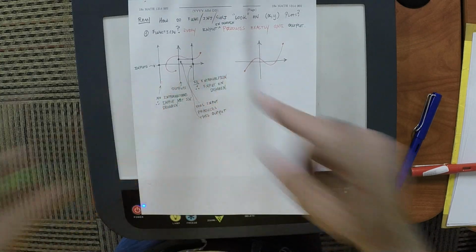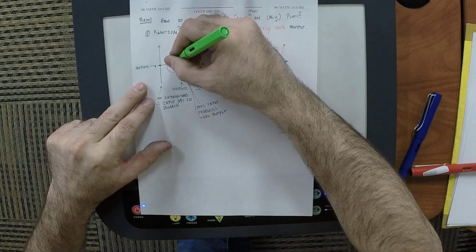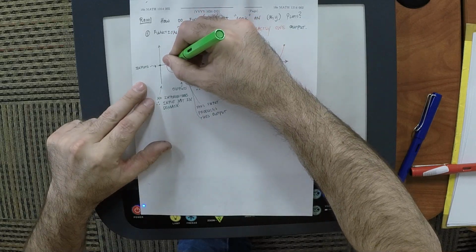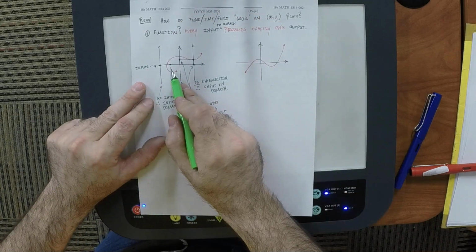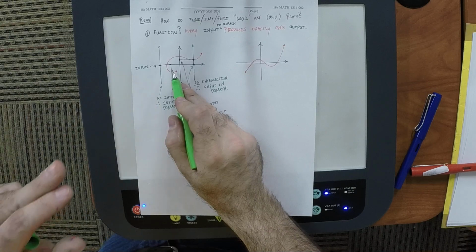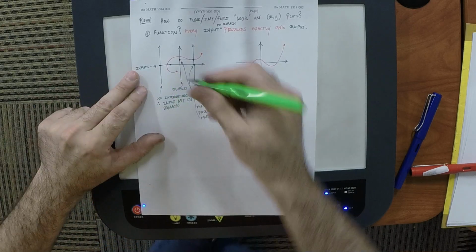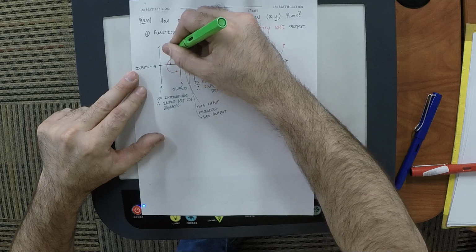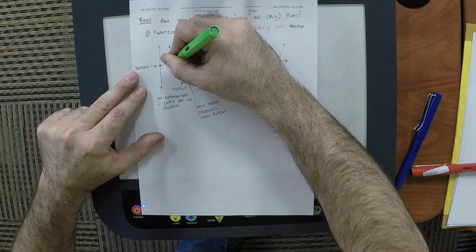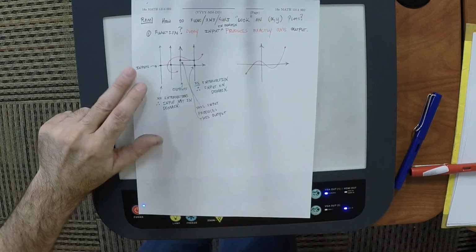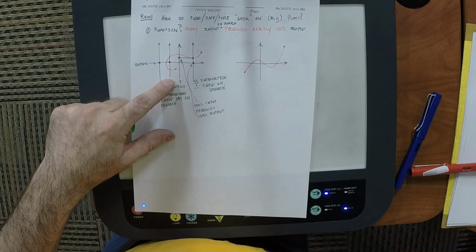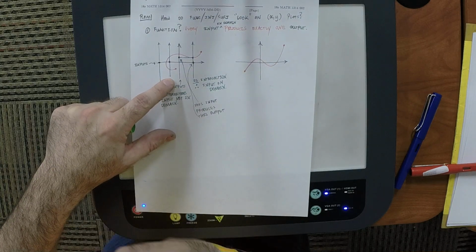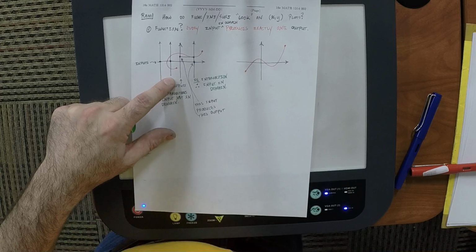It is not, because, for example, concerning, say, this input. So is that input in the domain? It is, because the question of whether or not it's in the domain is, are there any intersections at all? Yes. And then, for a relation to be a function, it must be the case that everything in the domain produces exactly one output.